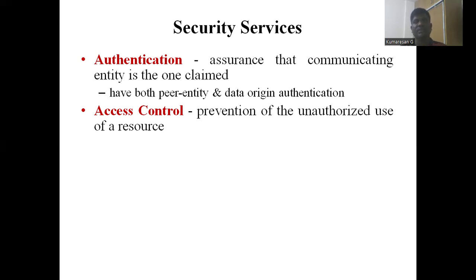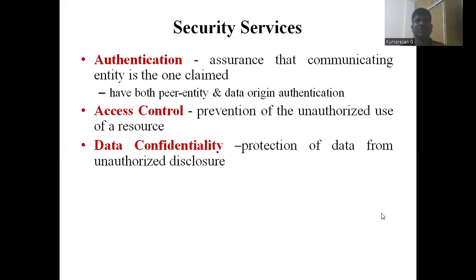If you download from somewhere other than the Google Store, the vulnerability possibility is huge. If you download some third party application, there may be a possibility of stealing your confidential information from your mobile. So that's why prevention of unauthorized use of resources is a very important service to protect our confidential information.